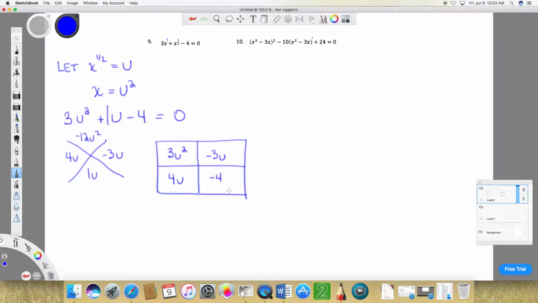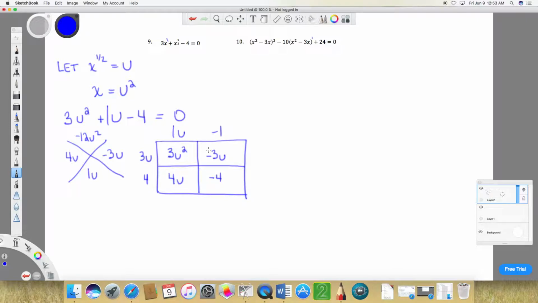So if I look and see what's common here, I have a 4, and here I have a negative 1. Here I have a 3u, and here I simply have u. So 3u times 1u is 3u squared. 3u times negative 1 is negative 3u. 4 times 1u is 4u.